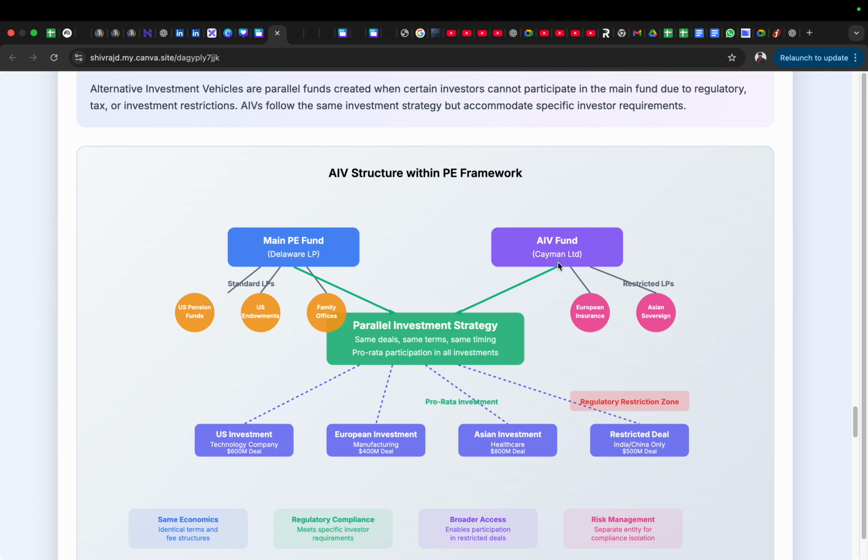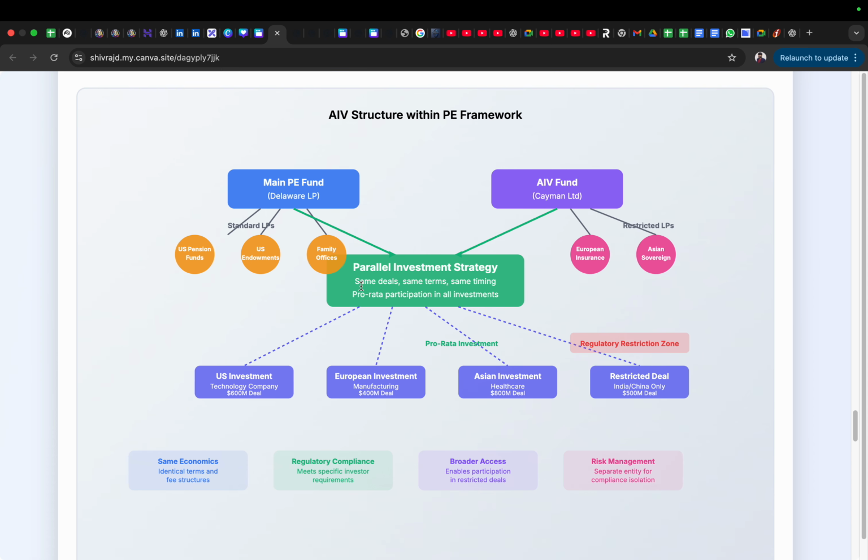The Cayman fund will take care of European investors and the Delaware fund will take care of US investors. The strategy would be a parallel investment strategy: same deal, same terms, same timing, same investment in same assets. Look at the investments: US investment in a technology company, European investment in a manufacturing company, ASEAN investment in healthcare, and other Indian and China deals. So this is how the parallel structure works.